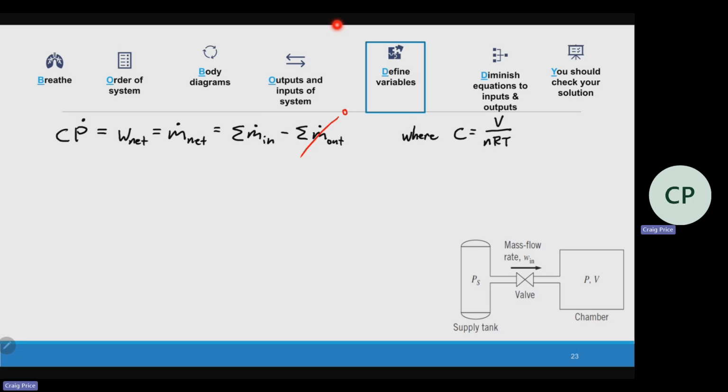And we talked about choked and unchoked. First, we're going to assume that at time 0, the downstream pressure divided by the supply pressure is less than the critical pressure ratio.